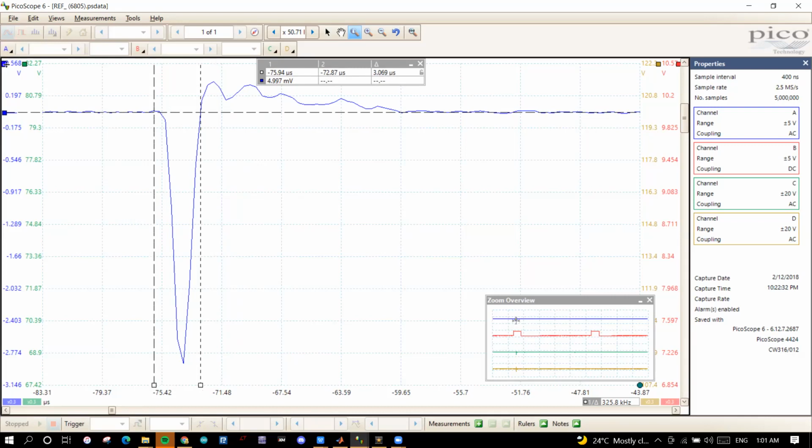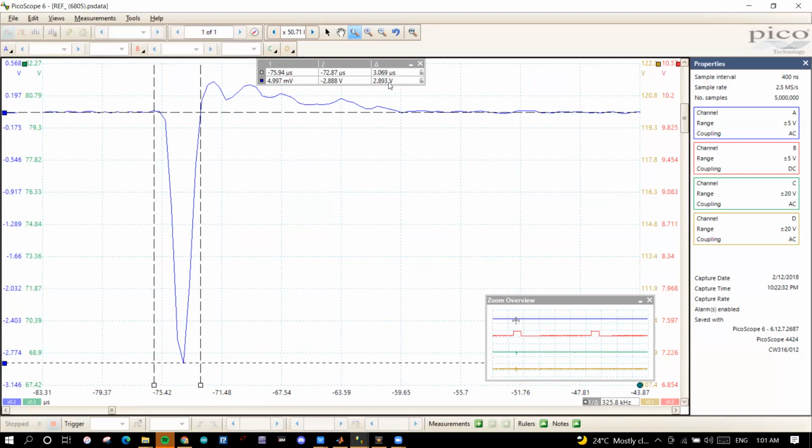And lastly, for the full width half maximum, some calculation has to be done here. Looking at this blue line, the difference between these two lines is 2.893 volt. To get to the half of the lightning waveform, we must divide it by 2.